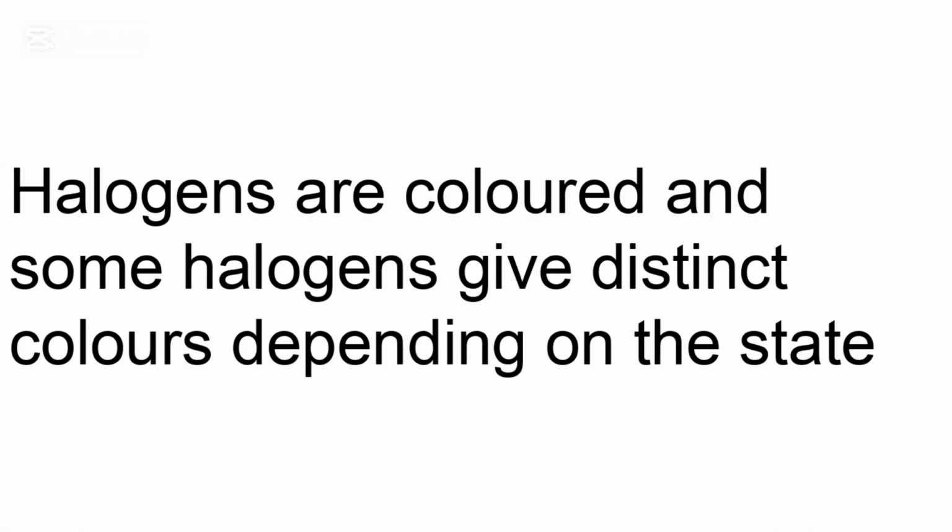Halogens are colored, and some halogens give distinct colors depending on their state. Therefore, halogens are colored substances, and they give distinct colors depending on their state, whether in the solid state, liquid state, or vapor state or gaseous state.